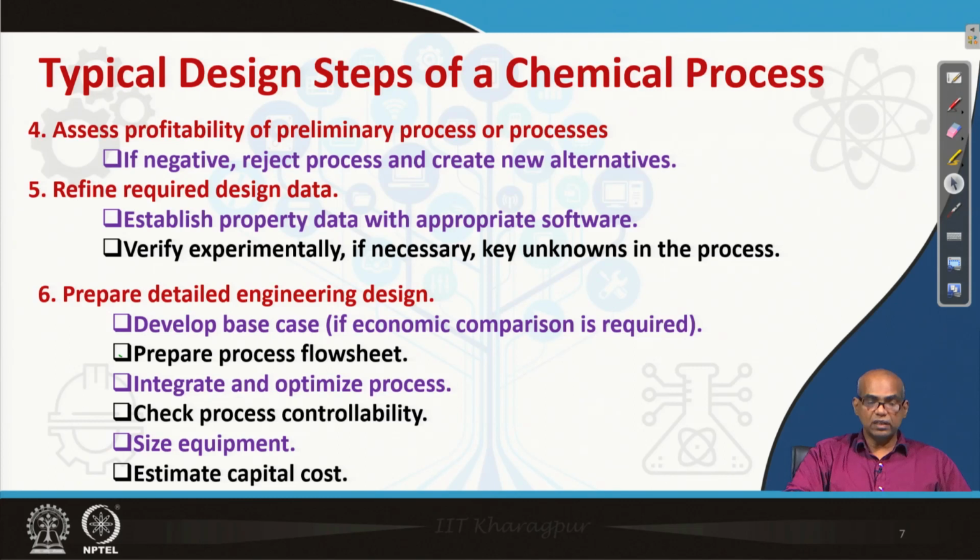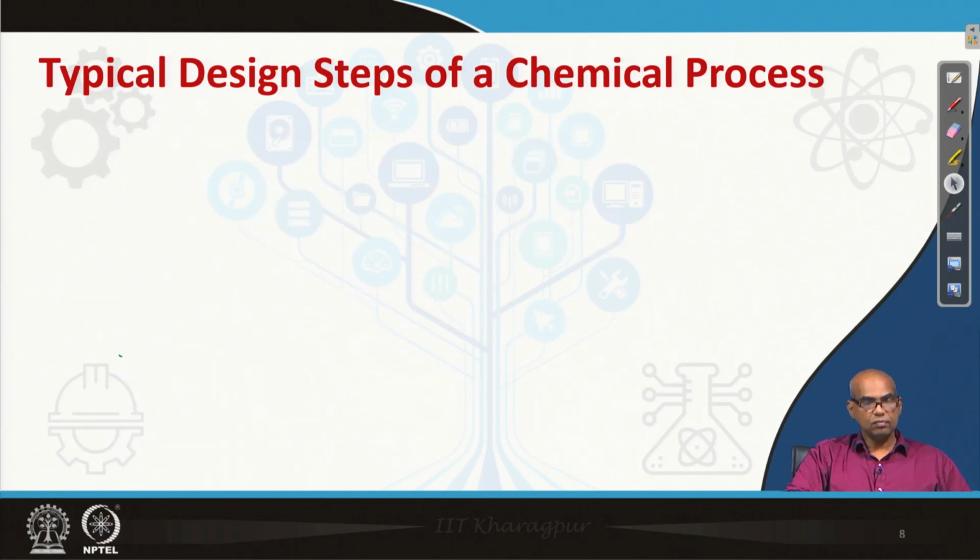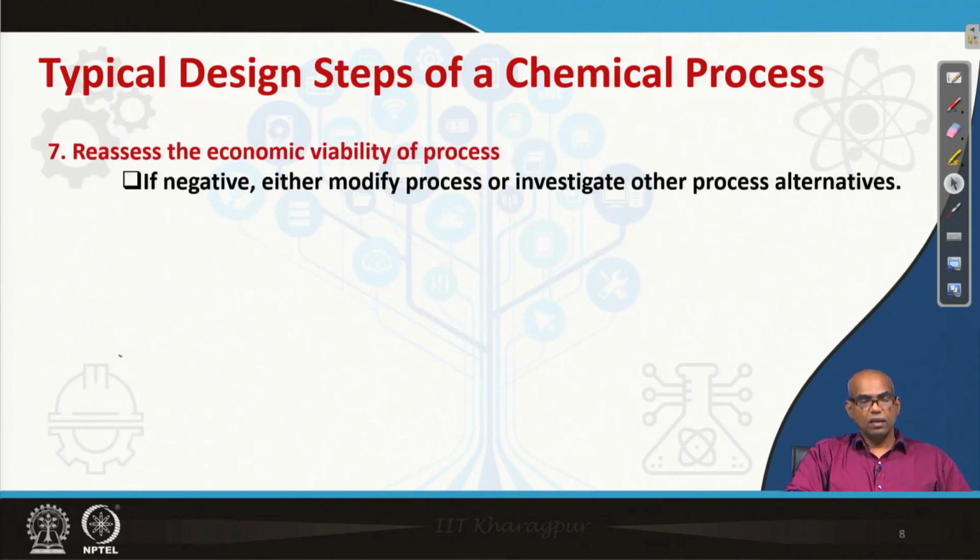So, here you do heat integration and do optimization of the process. Check process controllability. So, dynamic simulation will be of great help here. Size equipment. So, get proper specification of the equipment. Estimate capital cost. Reassess the economic viability of process.